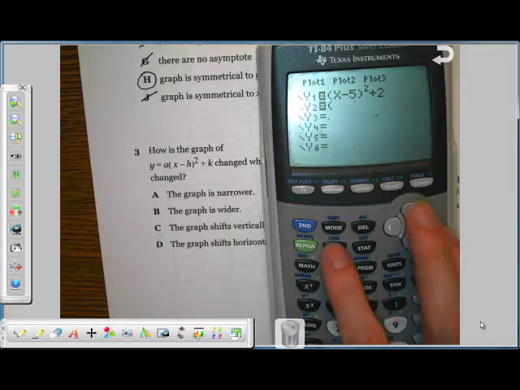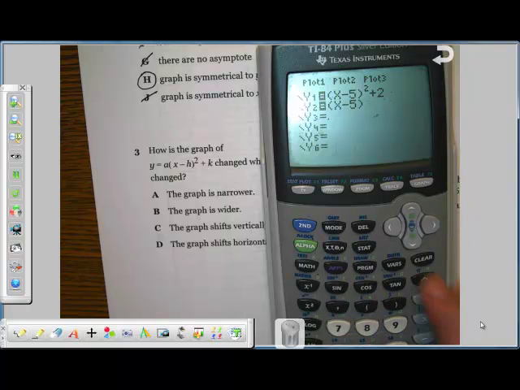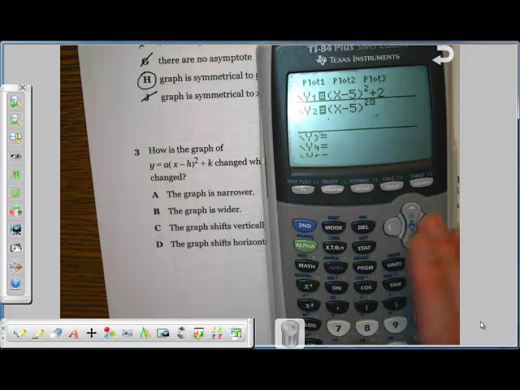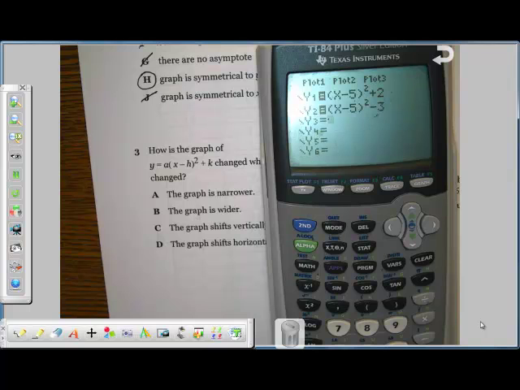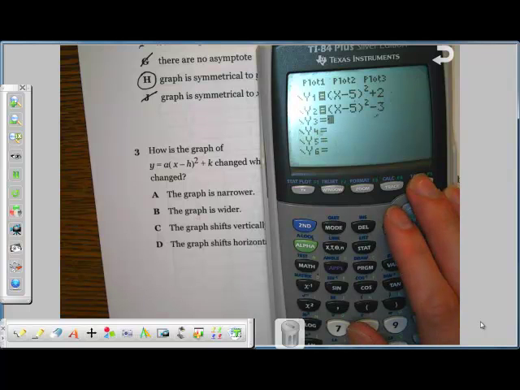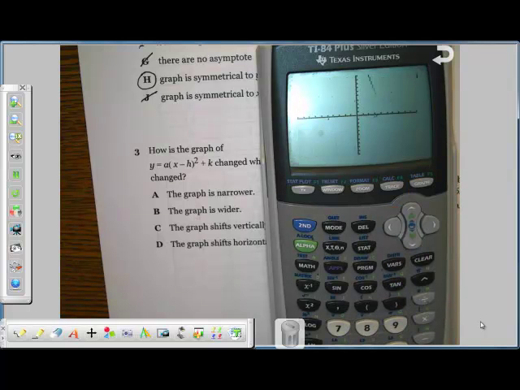So I'm going to say, okay, x minus 5, quantity squared, minus 3. Okay? So let's hit graph. And there is our first quadratic. And there is our second quadratic.